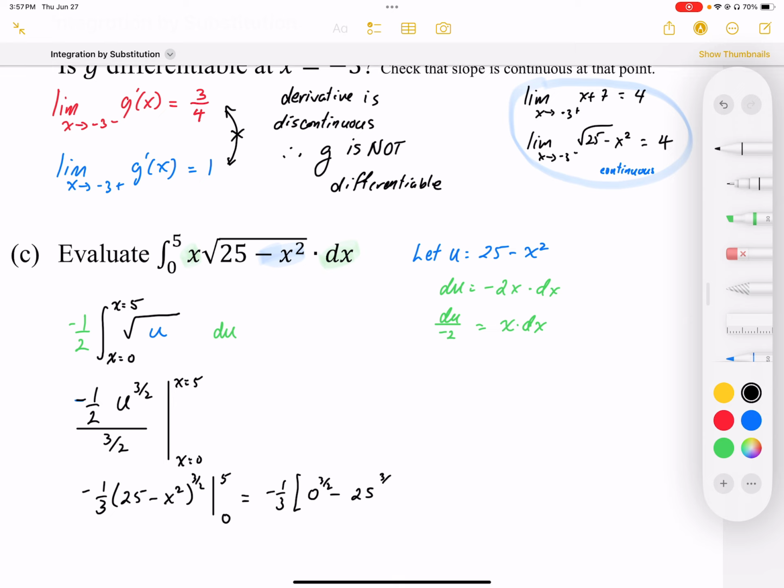Okay, so the 25 to the power 3 over 2, since 25 is a perfect square, we're going to square root first and then cube it. So this works out to be, the negatives canceling out, 125 over 3, and that's going to be units squared, as that's going to be some area under this curve.